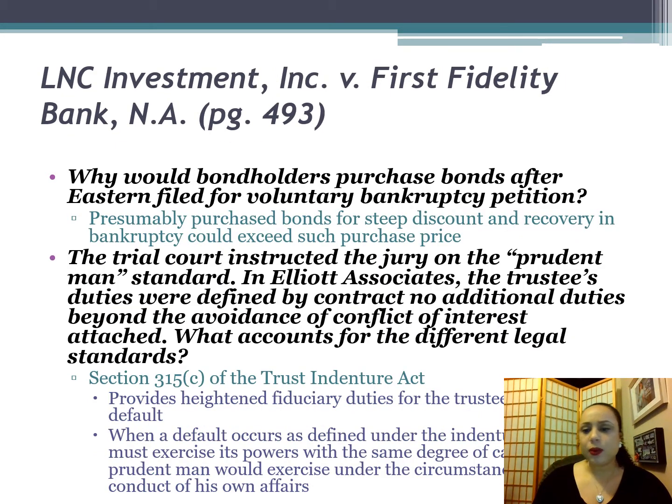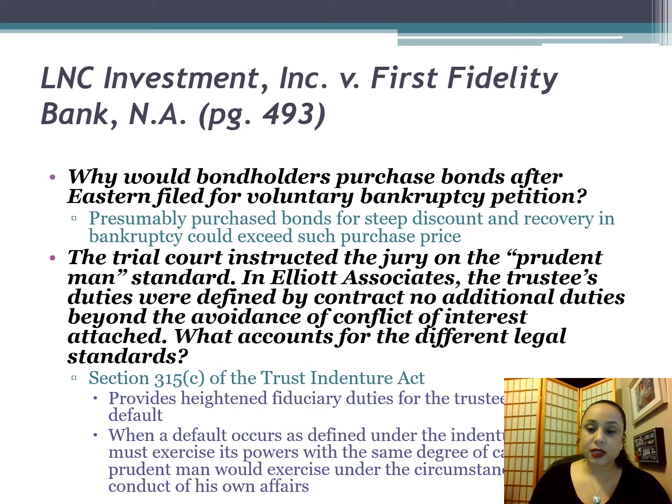So why would bondholders purchase bonds after Eastern filed for a voluntary bankruptcy petition? What is going on here? Why would they do such a thing? And so this sort of scenario where a company is in bankruptcy can present an extremely profitable opportunity for certain kinds of investors.